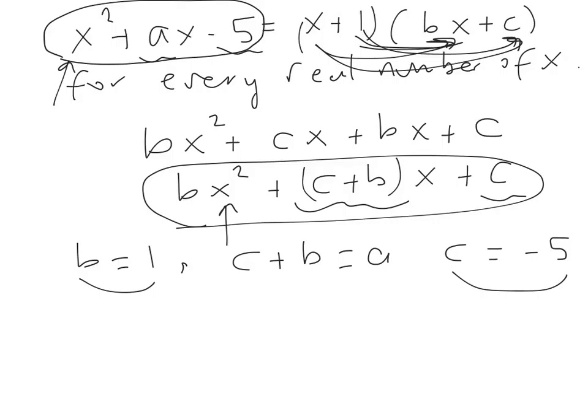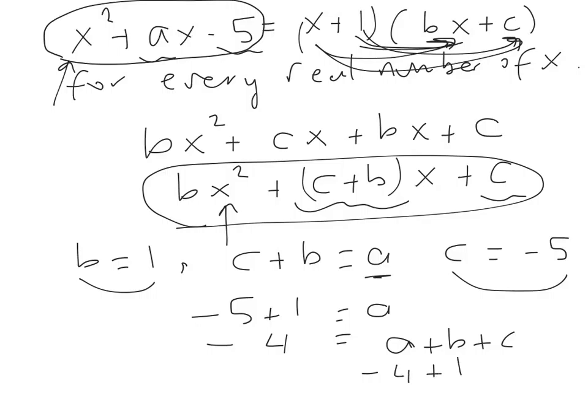I can easily find a. A equals negative 5 plus 1, which is negative 4. So what is a plus b plus c? A equals negative 4, plus b equals 1, plus negative 5. Negative 4 plus negative 5 is negative 9, plus 1 is negative 8.